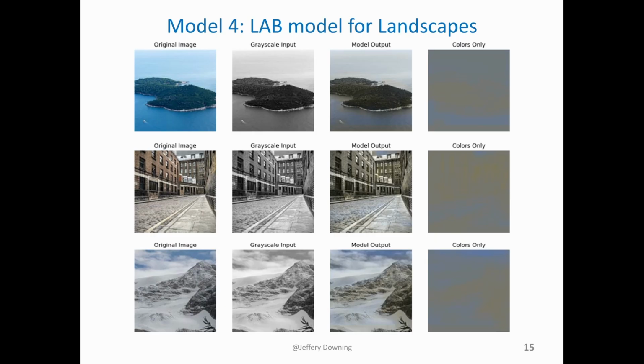In the second image, we have an urban road with a red brick building in the background, and the model tried to paint it yellow. It also tried to paint some of the concrete on the road blue. And then the last image, we have a snowy mountain. The model painted the sky blue, but it did paint some of the snow blue as well.